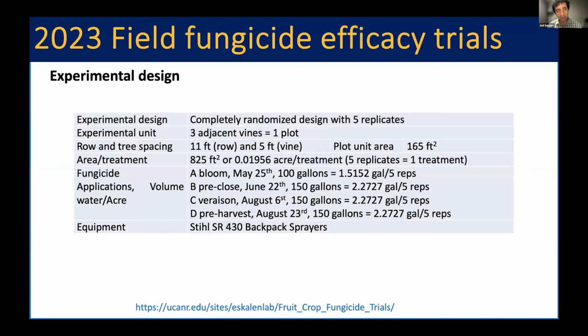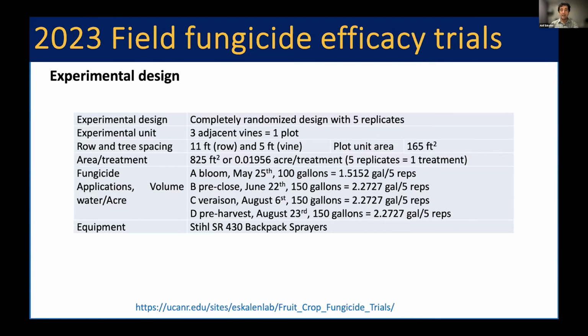Again, we also do the field fungicide efficacy trial for Botrytis. This trial is taking place in a commercial vineyard in Clarksburg on a Riesling cultivar, which is a very susceptible cultivar. We set up the experiment exactly the same way that I explained on the powdery mildew.